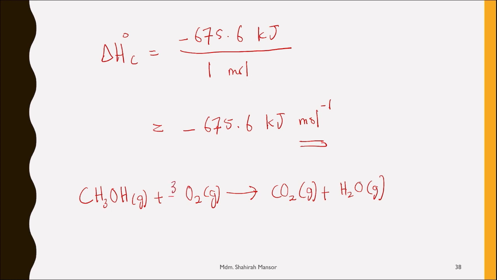So here will be 3/2. After you have completed writing the balanced equation, in order to have a full thermochemical equation, don't forget to put the value of the enthalpy. So the standard enthalpy of combustion equals negative 675.6.